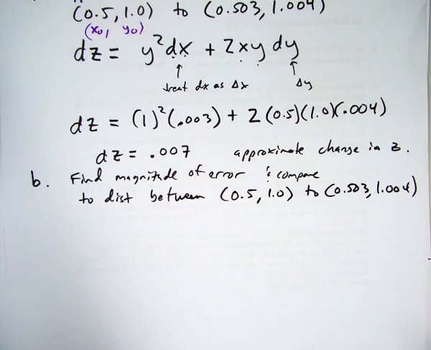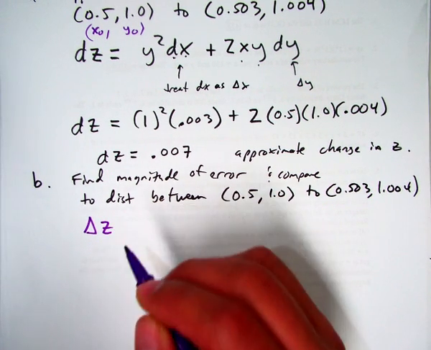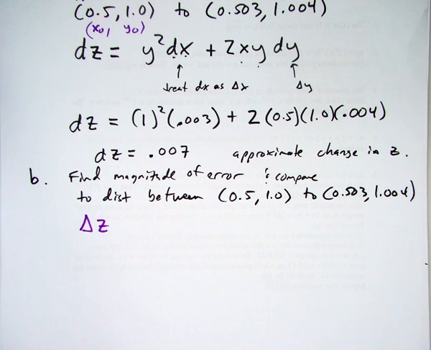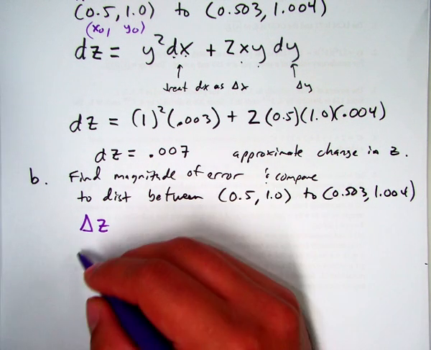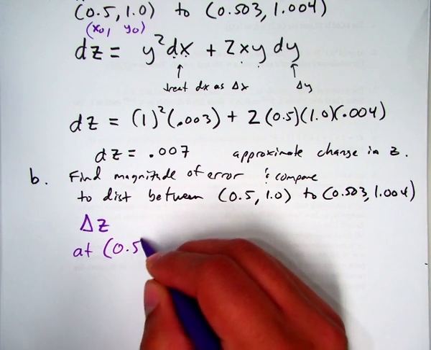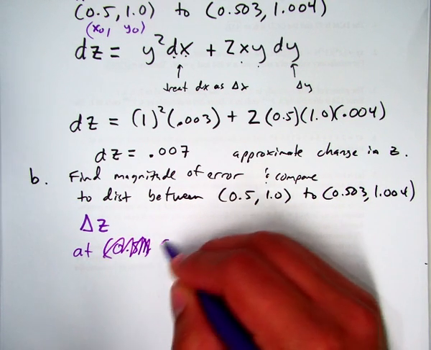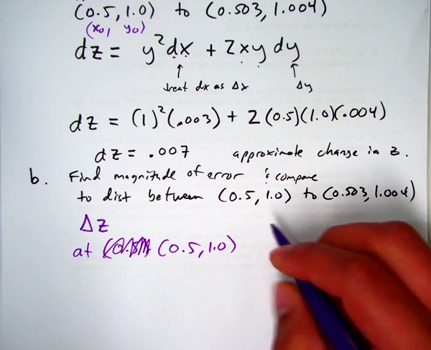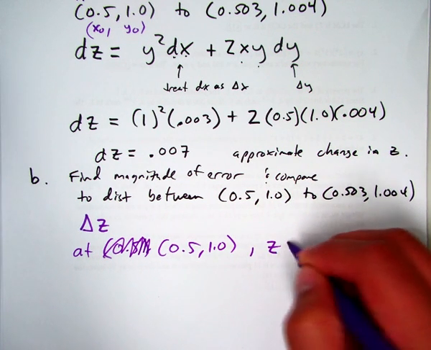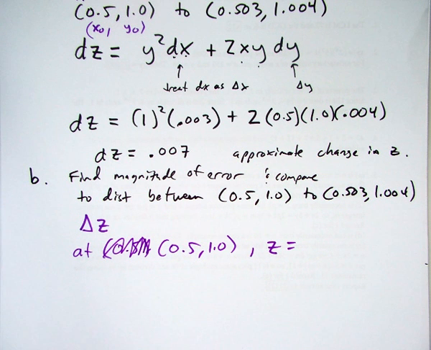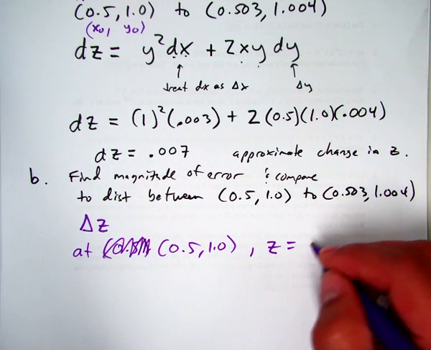Okay, so the first thing we're going to do is now we'll compute delta Z, which is the actual change in Z. Okay? So at the point 0.5, 1.0, what does Z equal? 0.5.